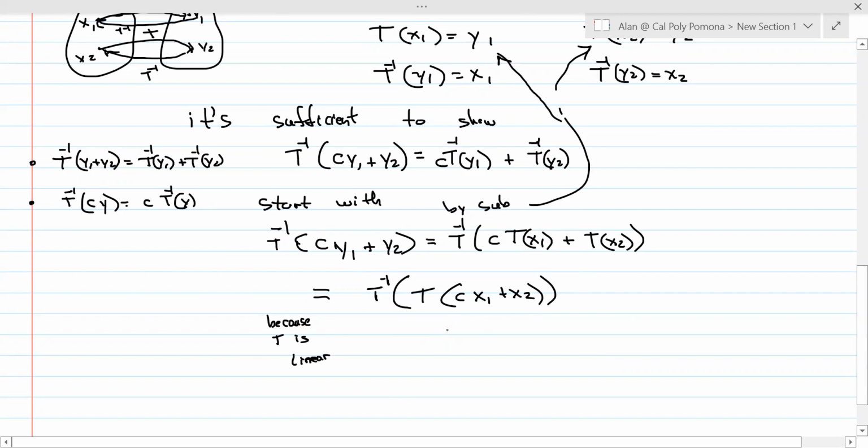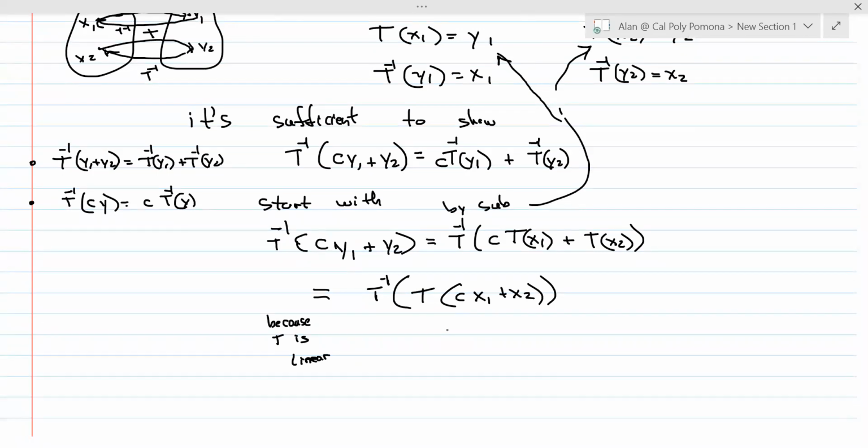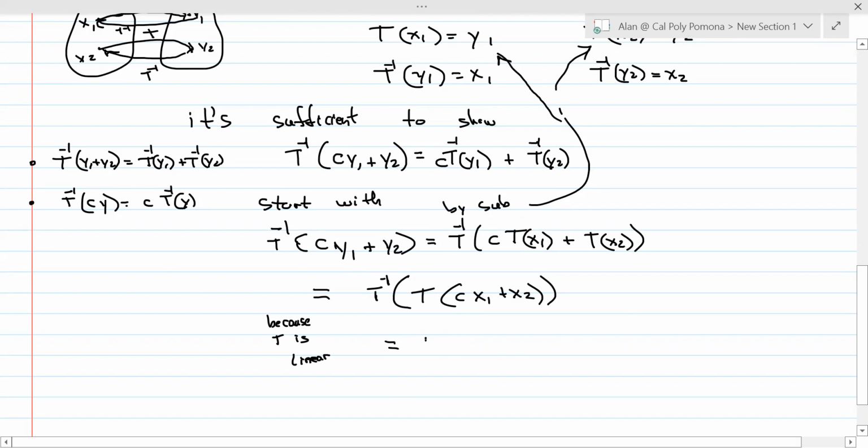And the next step is just to say the following. T inverse can be thought of as working on T, and the whole thing is now working on c x1 plus x2. So doing one composition after the other is what we're calling product. But we already know that if you do T inverse composed with T, you come up with an identity. It's the identity on, I suppose, let's see, on V, right?